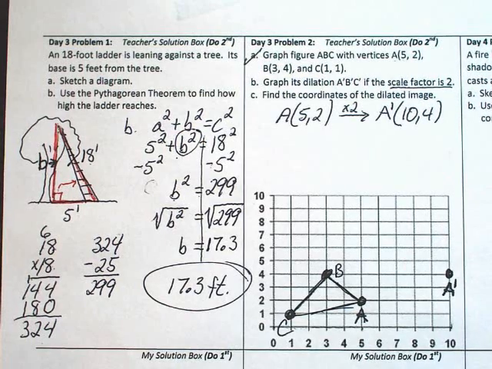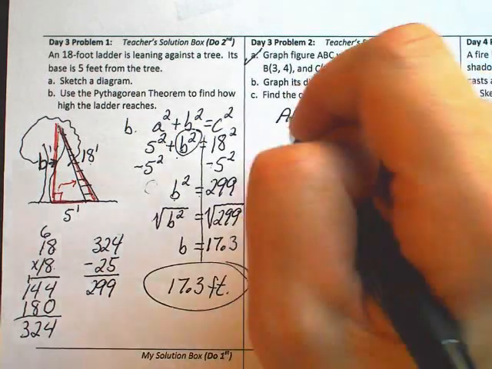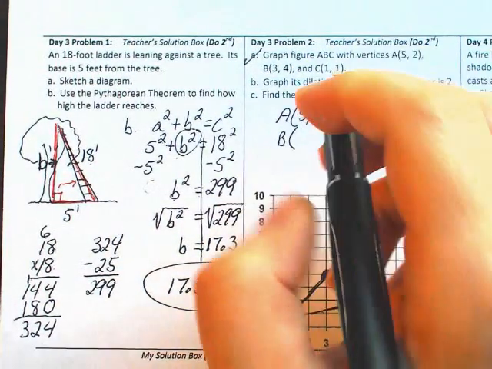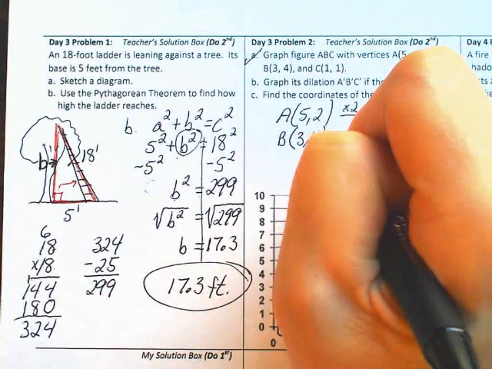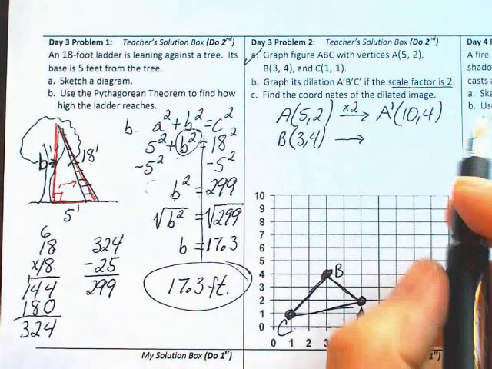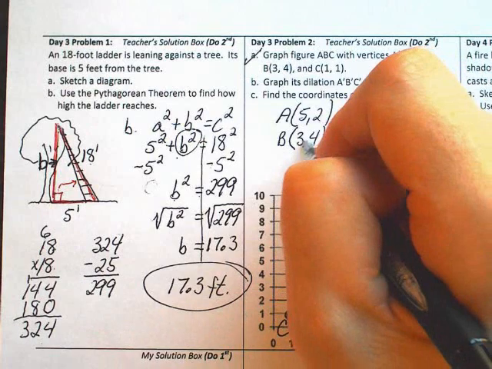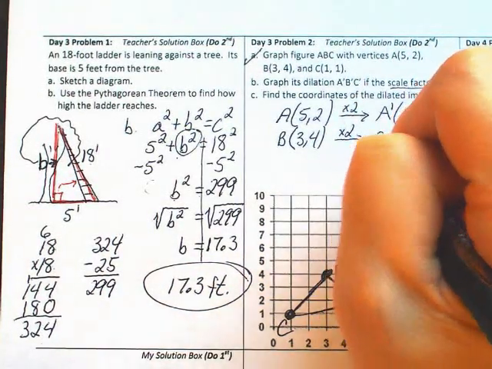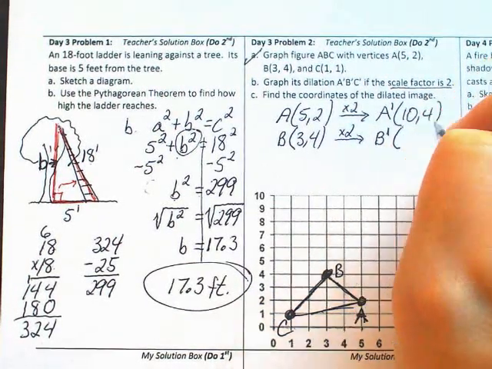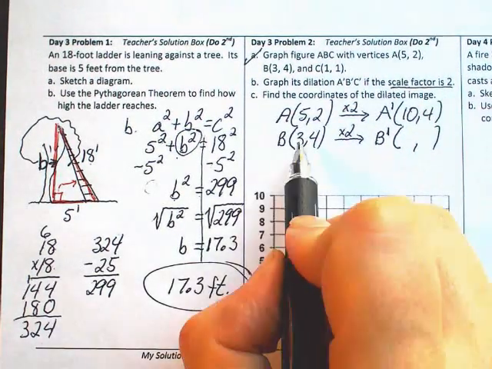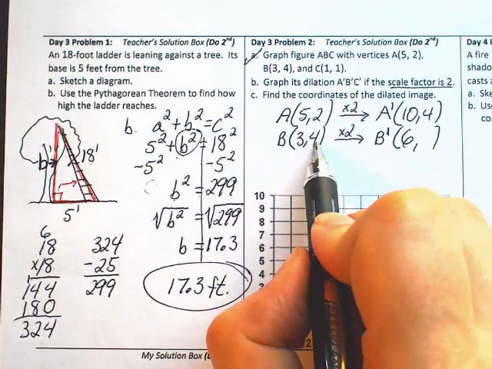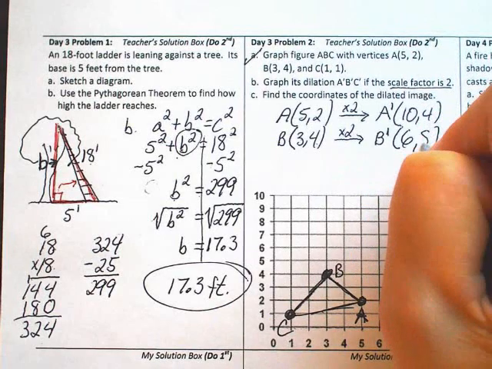Now we can do the same technique with point B and point C to find their dilated image. So if point B is at 3, 4 to begin with, and we dilate it using a scale factor of 2, that means to multiply those numbers by 2, that will create a new point called B prime, and its ordered pair will be, 3 times 2 is 6, and 4 times 2 is 8.